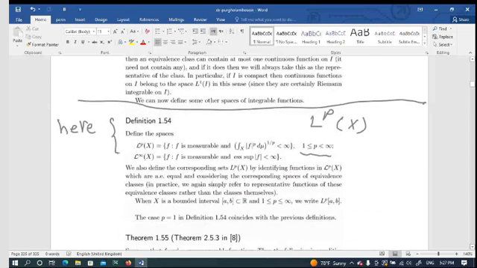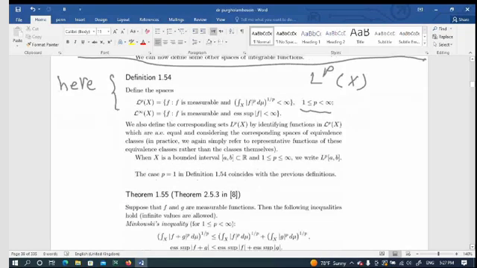LP spaces, for example, you should study such spaces in real analysis 1.